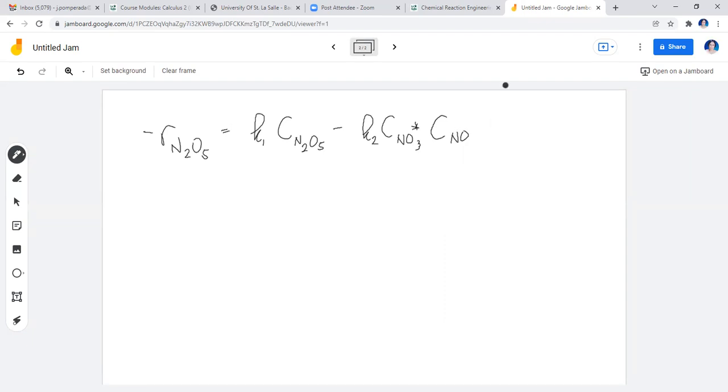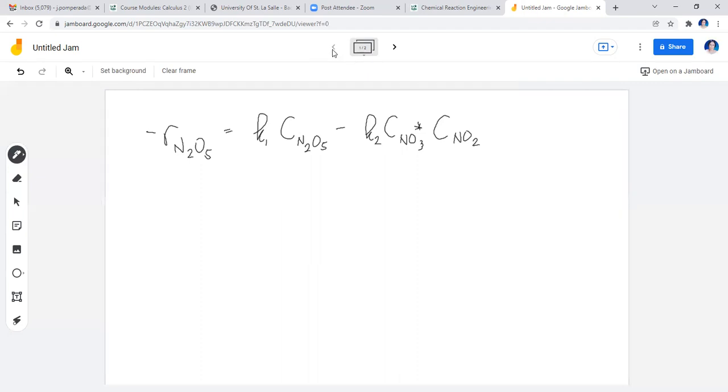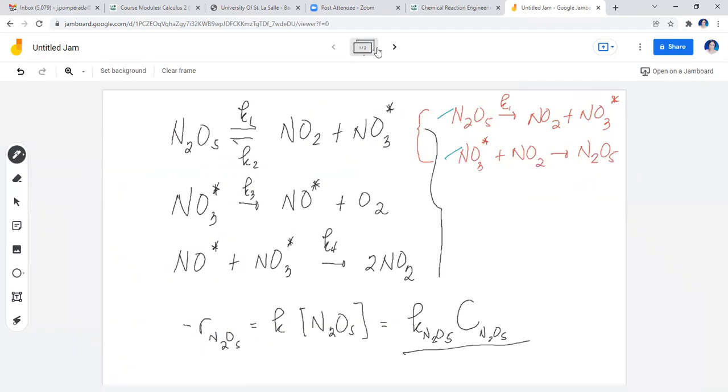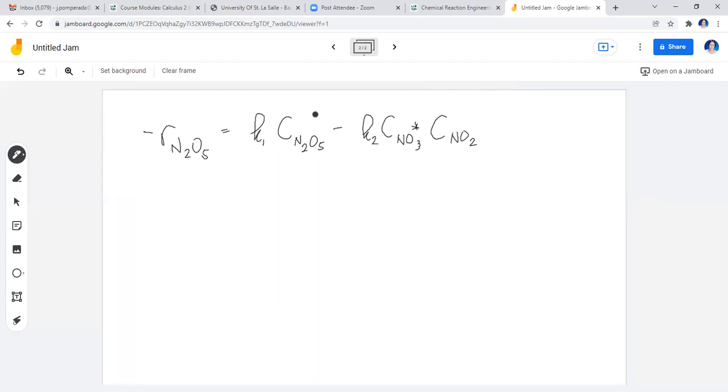So the manner in which I write the rate law for my reactions that has the presence of dinitrogen pentoxide is based on the concentrations of the reacting species and based on their coefficients. In this particular case, class, their coefficients are just 1, so I need not write any exponent other than 1 in here. So this is our main net rate equation, which we're going to translate or convert.